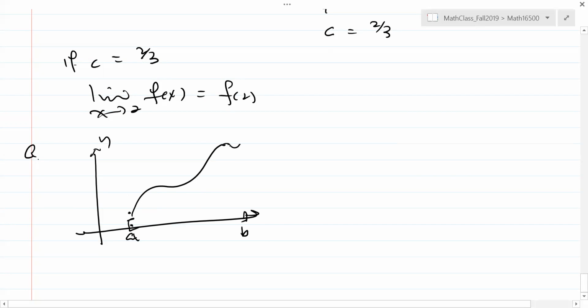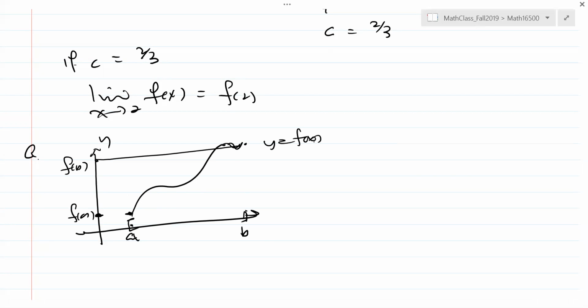It's continuous, and probably this is not necessarily the highest point. So this is the value at b, this is the value at a, that's the graph. If the function is continuous, there's no hole in the graph, okay?